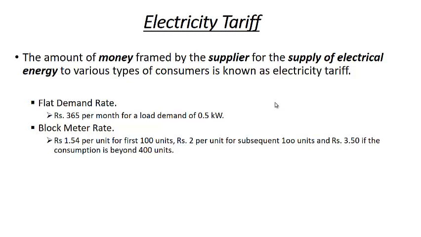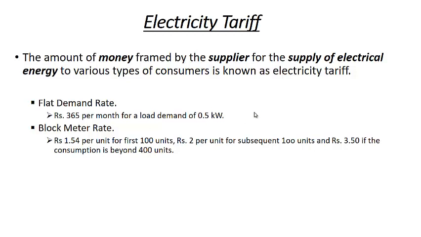What does this mean? In this case, a consumer is rated at a flat demand of 5.5 kilowatt. This is actually the rate given by the PDD that is used nowadays. So we assume that a consumer has a 5.5 kilowatt maximum demand, and based on this maximum load, they will charge you 365 per month.